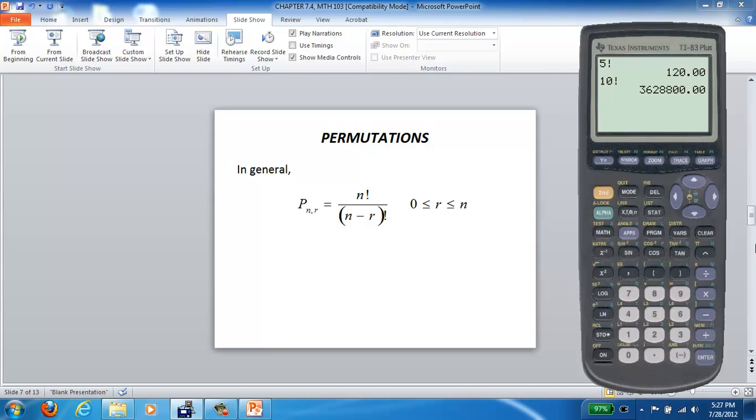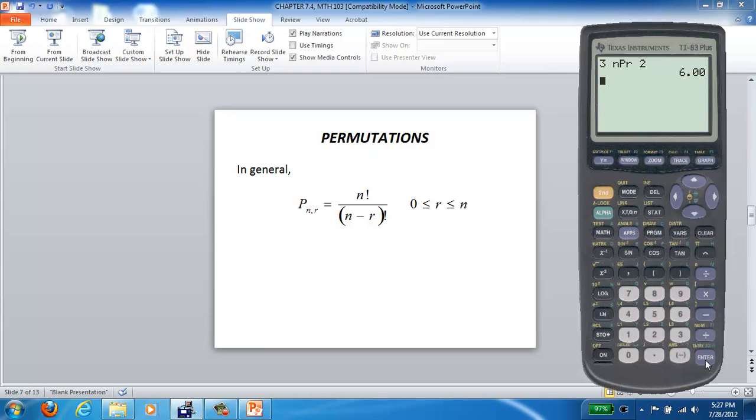Let's clear the previous example. Let's say that we have 3 items and we have to take 2 of them. So we go to math, we enter 3, probability, and if we have a permutation we go to number 2, enter, and then we take 2 at a time and click enter. So the answer is going to be 6.